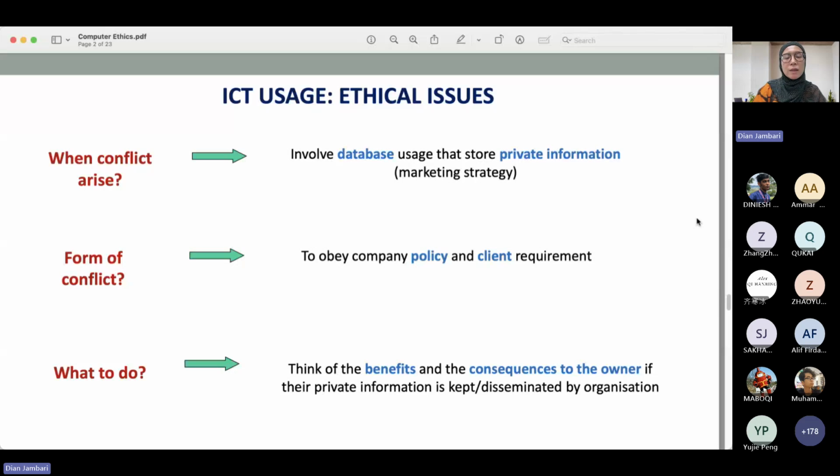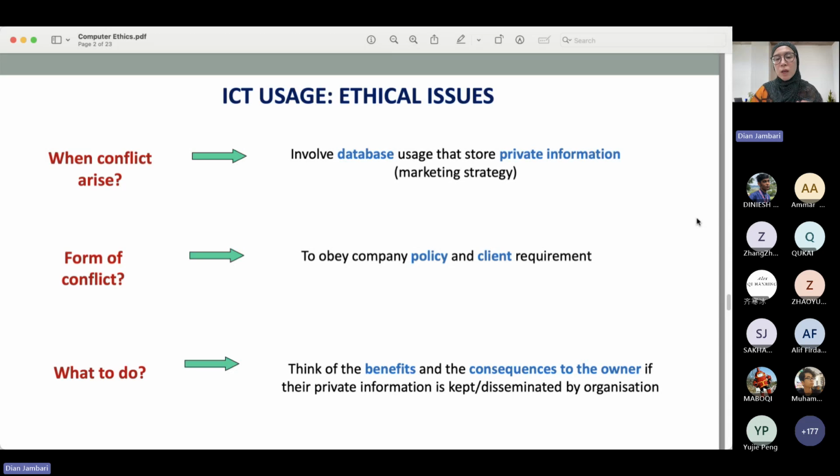In ICT usage, a conflict can arise when it involves a database that stores private information in an organization. Let's say you are a computer professional, a database administrator or database manager. Your responsibility is to manage and take care of the database.